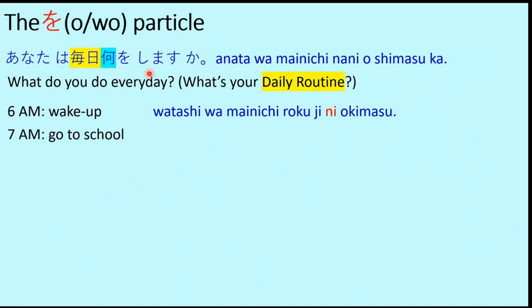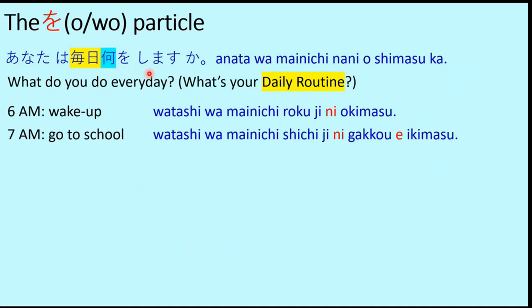At 7 a.m. he goes to school. So watashi wa mainichi shichiji ni gakko e ikimasu. So now you can see that the E particle has come because this is a motion verb and this is a place. So the E particle will be applicable here. Watashi wa mainichi shichiji ni gakko e ikimasu.